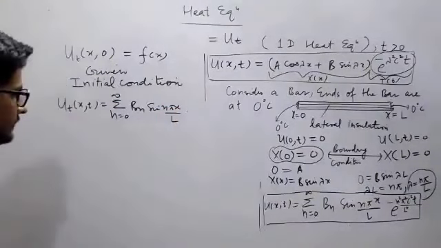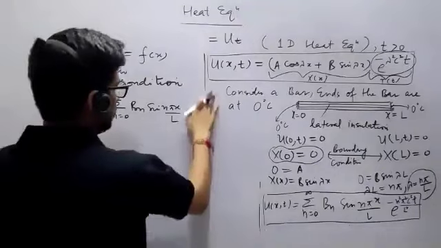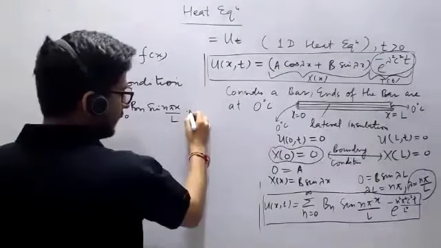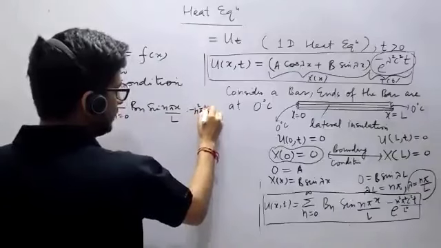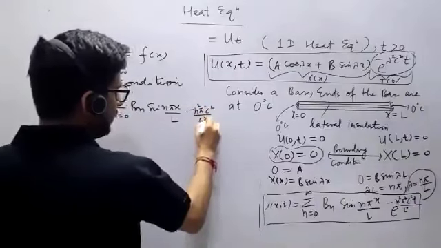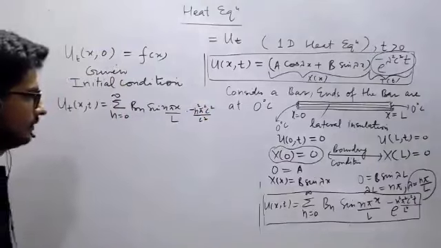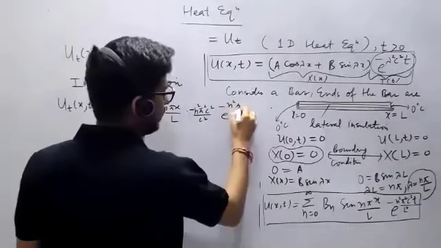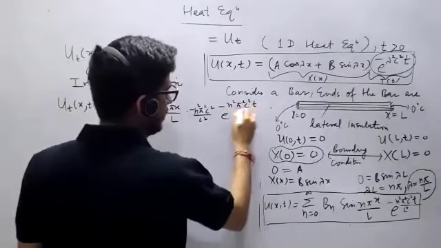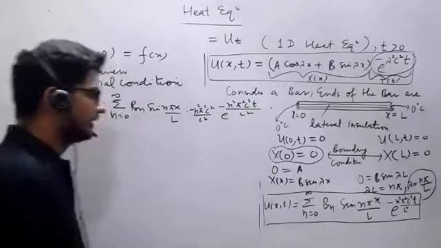take derivative with respect to t. So what will come? Minus n square pi square c square by L square into e to the power minus n square pi square c square t by L square. Correct?